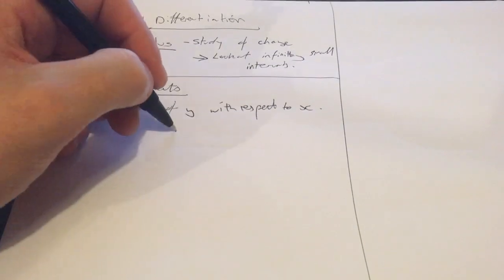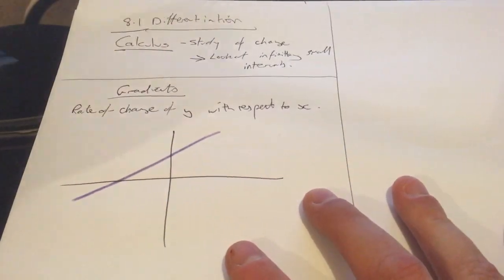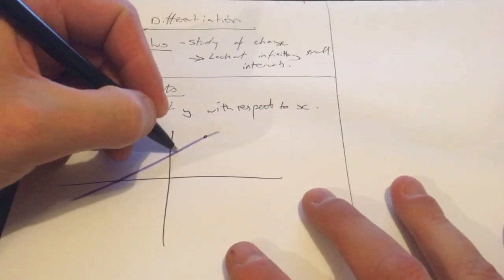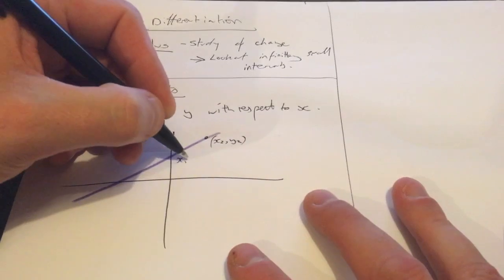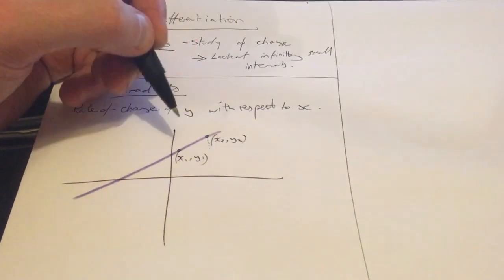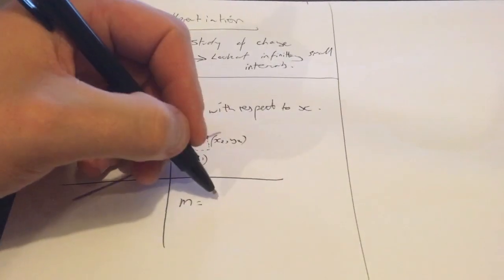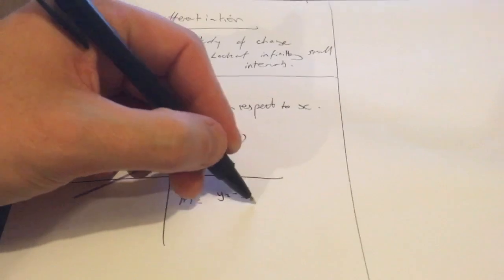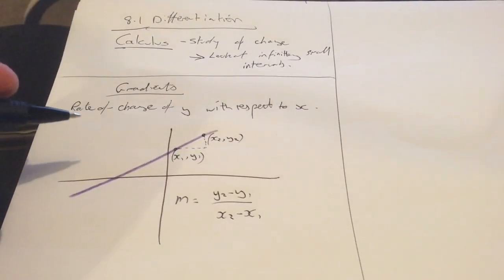And we looked at calculating it for a straight line. So if I take a couple points on this line, we'll have x2, y2, and x1, y1. And we looked at the difference in the y values divided by the difference in the x values and came up with the gradient m equals y2 minus y1 over x2 minus x1. So nice and easy for a straight line.